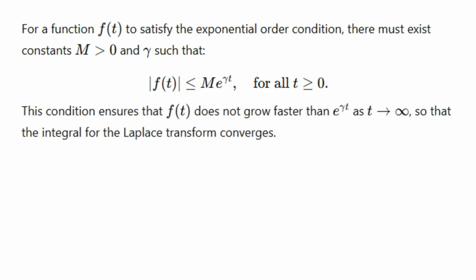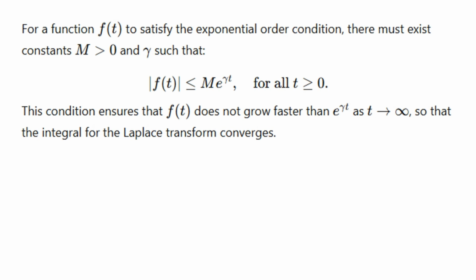Now this condition ensures that the function f of t does not grow faster. That is point number 1. That this f of t does not grow faster than exponential gamma of t. So we are using exponential gamma of t as a measure so that we can know how fast the function f of t is growing as t grows large.